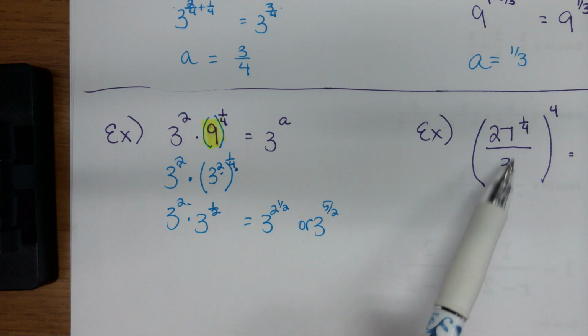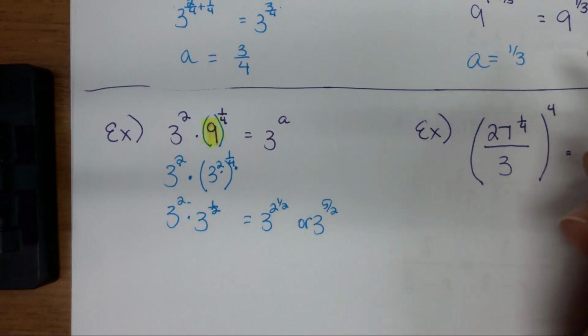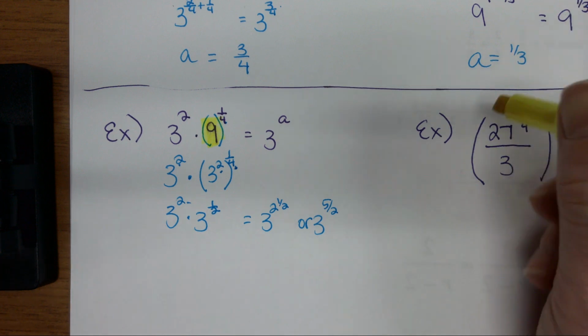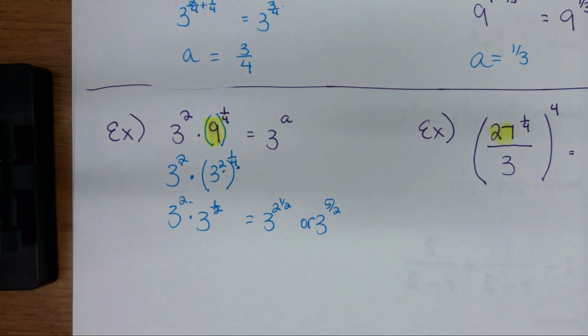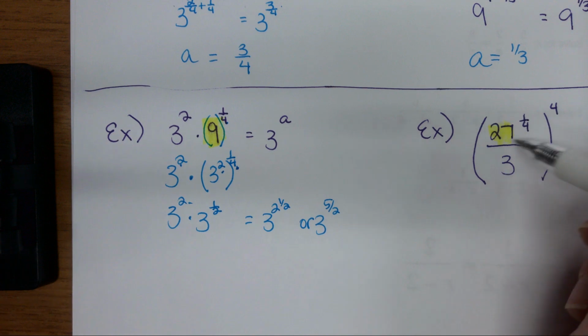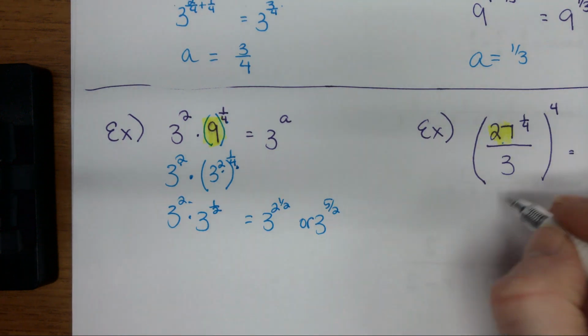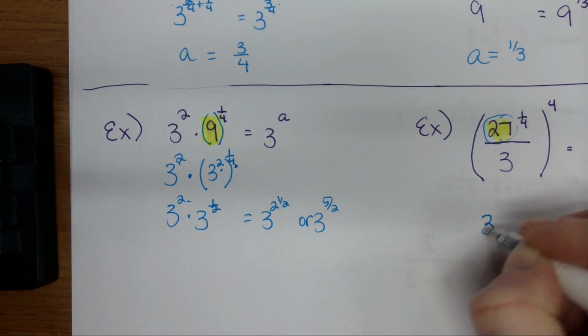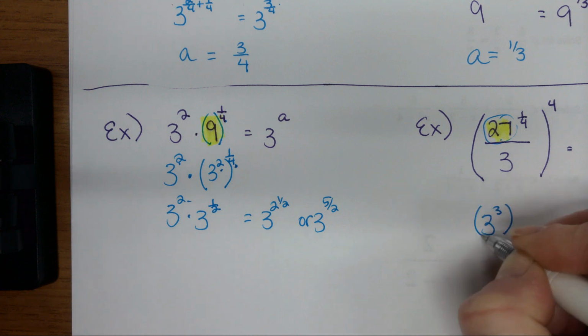If I can, I'm going to look at my bigger thing, and I'm going to rewrite it in terms of that base. So hopefully you recognize I could rewrite that 27 as 3 to the third. So I'm going to just take this out and write it as 3 to the third, but that is also raised to the 1/4.